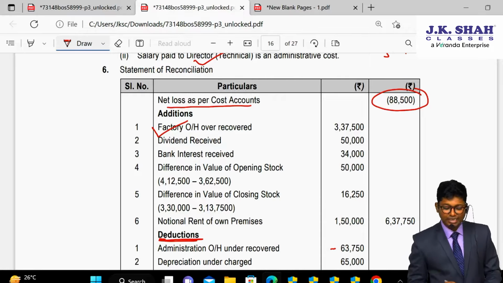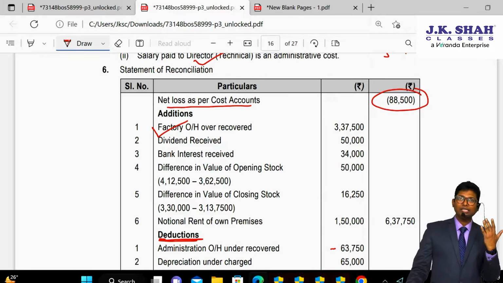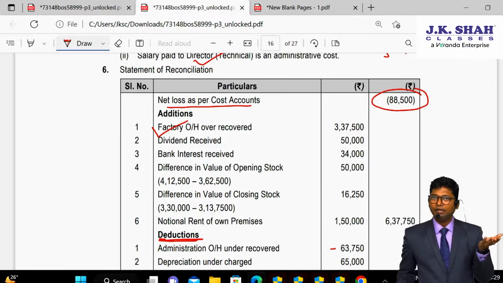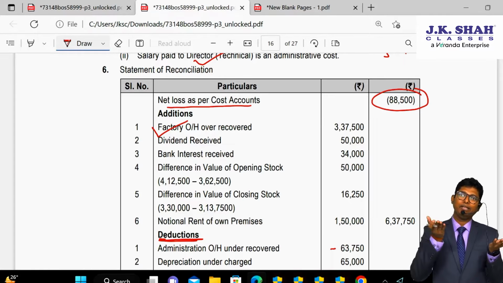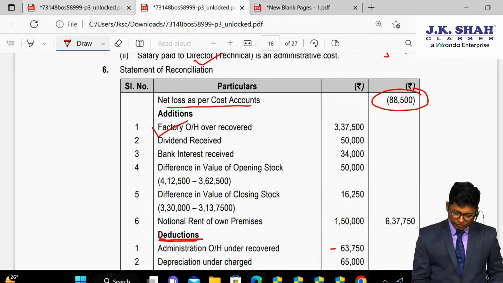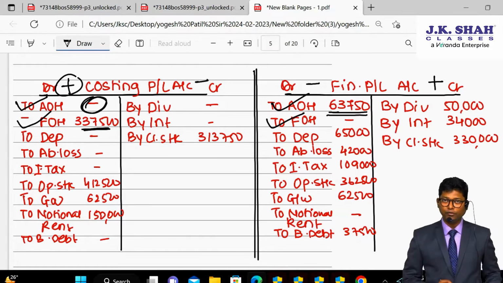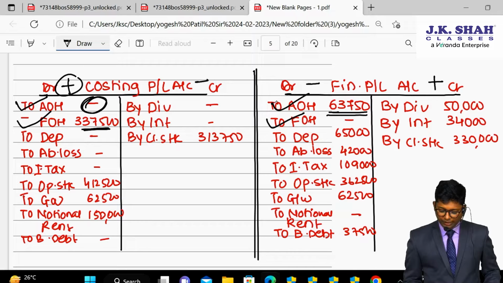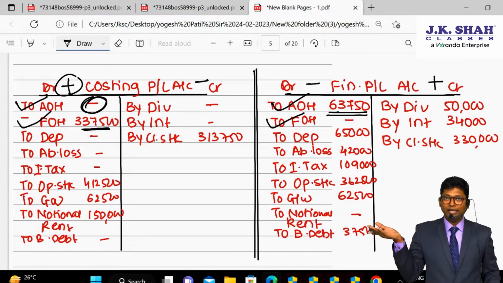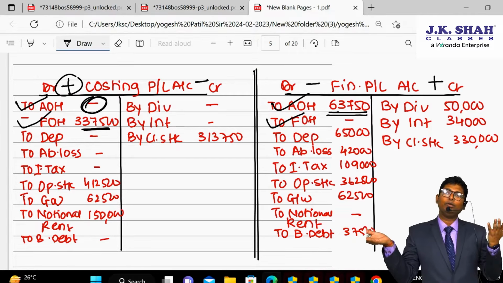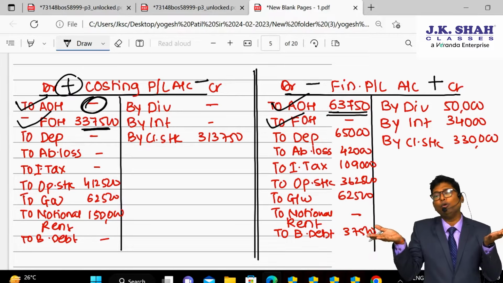Now try and understand what is the meaning of this. Cost accountant is trying to bring financial record to his level. Now if you check the administration overheads are not recorded in the cost, right? No. They are recorded only in the finance. To bring that information to costing level, you have to deduct them.